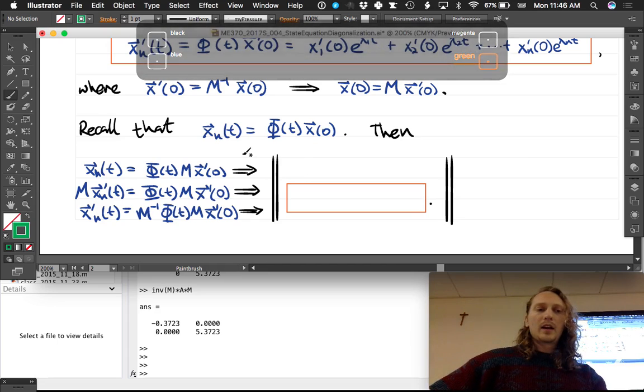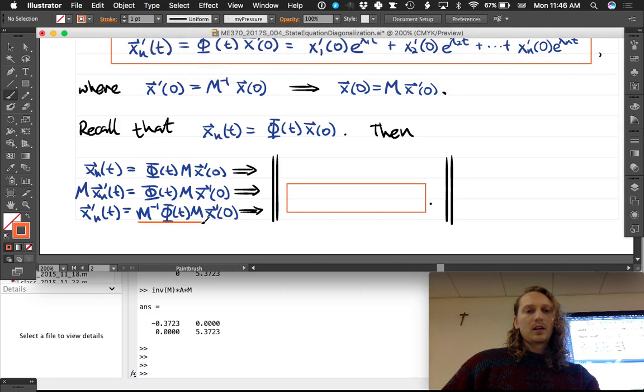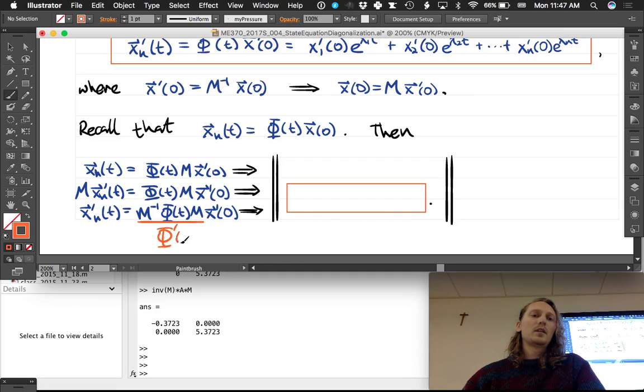I'm going to say that this right here, this is in the exact form of a state transition matrix, right? It says x prime homogeneous is equal to some matrix times the initial condition in the prime coordinate. So we're going to actually just call that phi prime. We never defined a phi prime, but now we have.